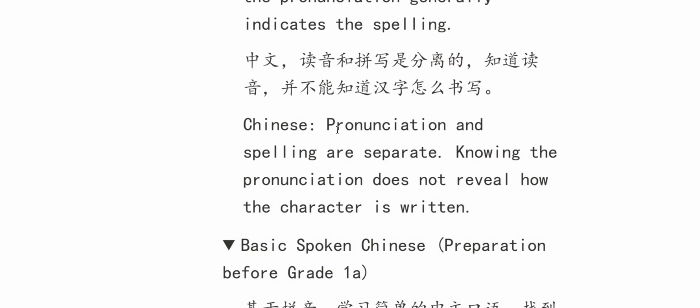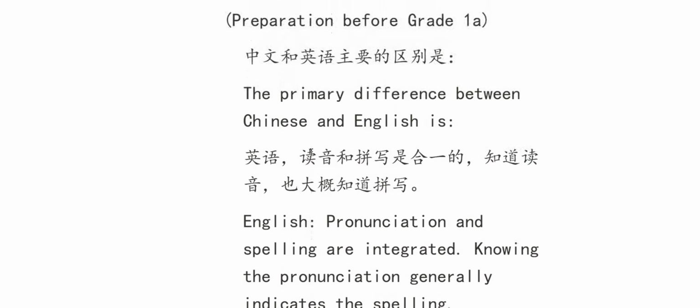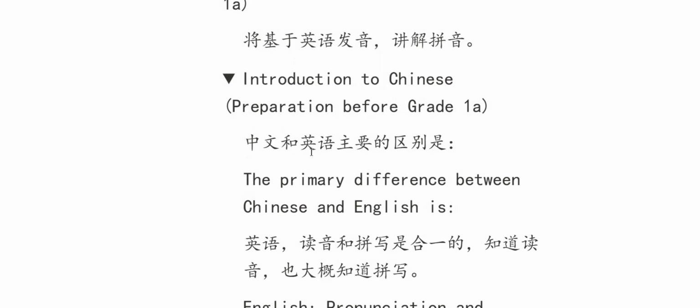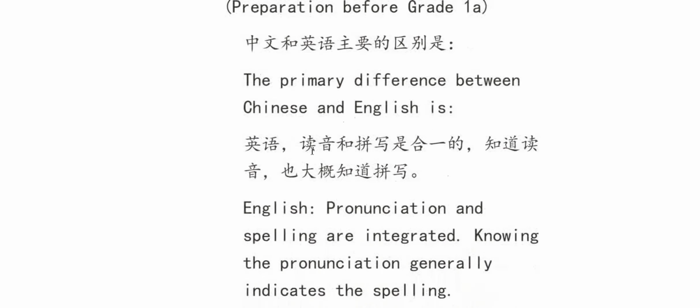But for Chinese, pronunciation and spelling or writing are separate. Knowing the pronunciation or pinyin does not reveal how the character is written. I think this is the main difference between English and Chinese.